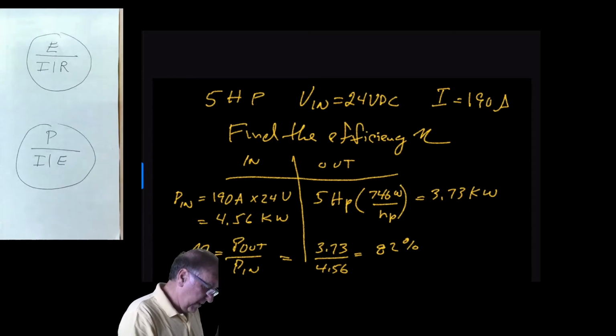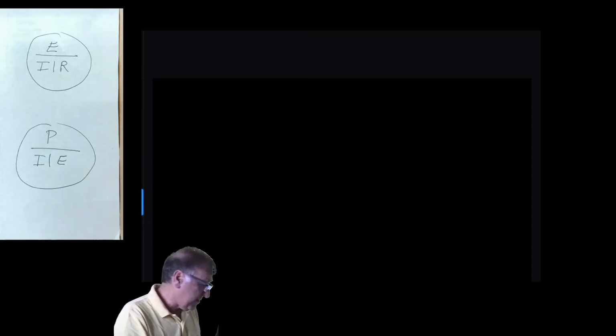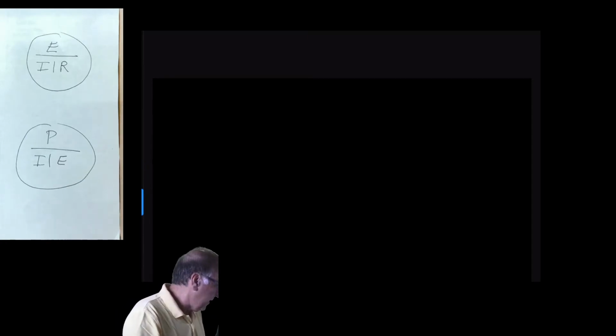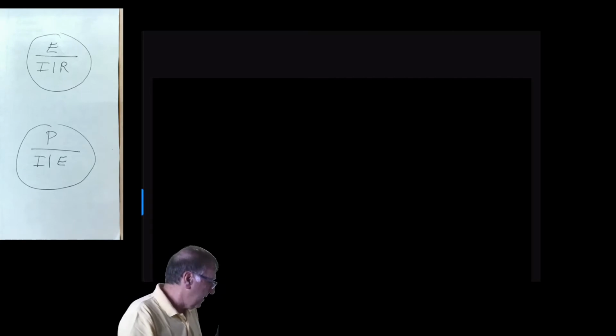You're going to see a lot of problems like this as we go forward on the quizzes and tests. So I recommend that you look at these closely and make sure you understand how to calculate powers and energy.